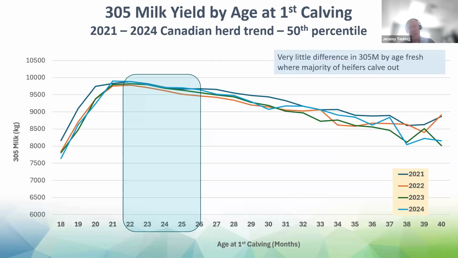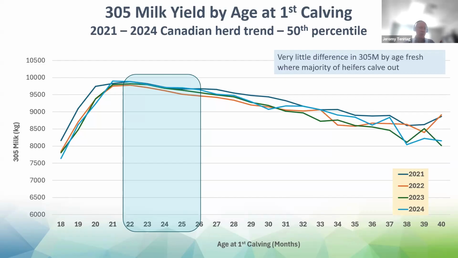So we'll blame that on COVID, I guess. Once you get out to the higher age at first calving months on the right-hand side, then we start getting into a data power issue, and weird and abnormal data is really going to skew that graph on that end.